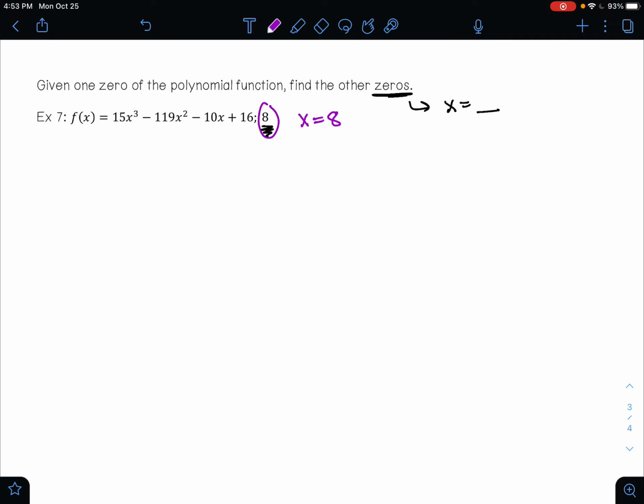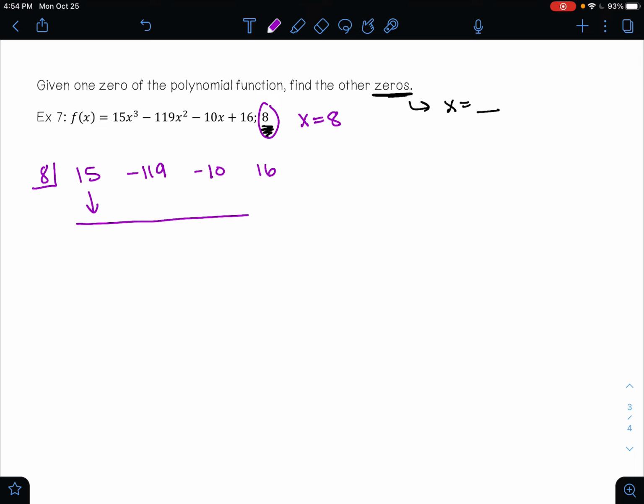So I'm going to go ahead and do my synthetic division with 8 in the upper left-hand corner. Here, this is in standard form. My exponents for x go 3, 2, 1, and 0. So I'm going to have 15, negative 119, negative 10, and 16.